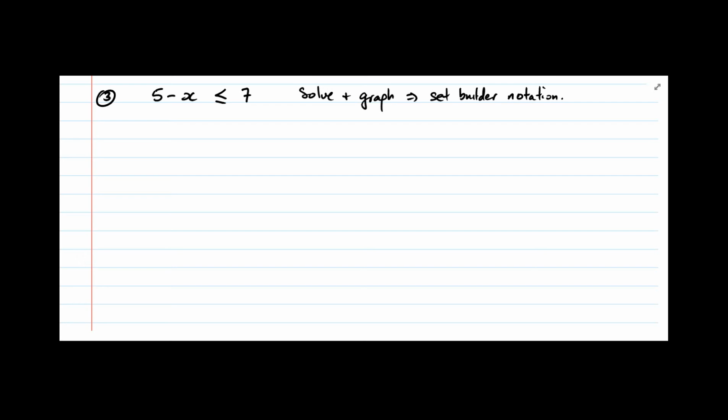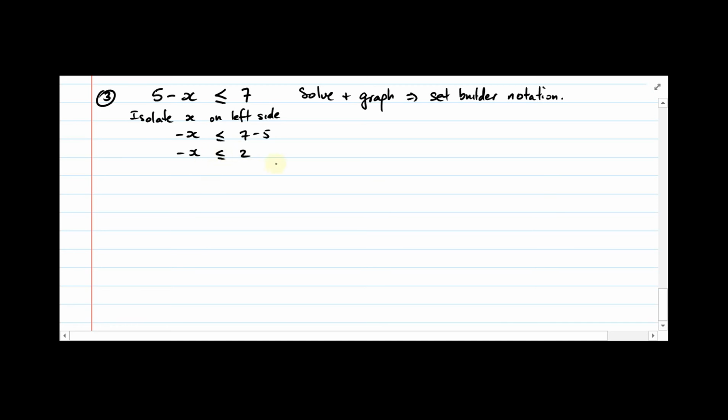The first way that I'm going to solve this is to isolate the variable on the left side, as we would probably do in solving an equation. So I would have negative x is less than or equal to 7 minus 5, so negative x is less than or equal to 2.